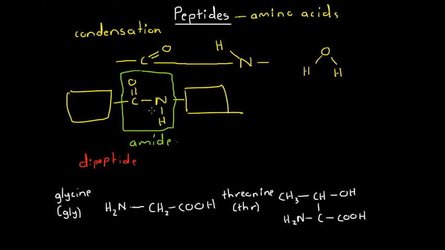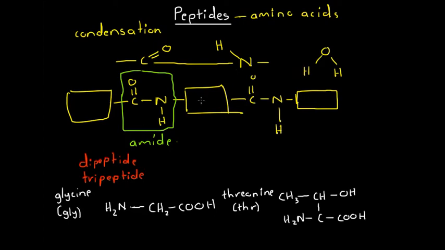If we were to have three amino acids all bonded together, with two peptide linkages bonding three amino acids together, then we get a structure that looks like that. And simply we call that a tripeptide, meaning three amino acid molecules bonded together into one chain.